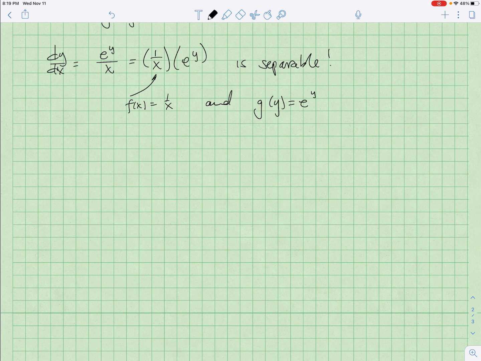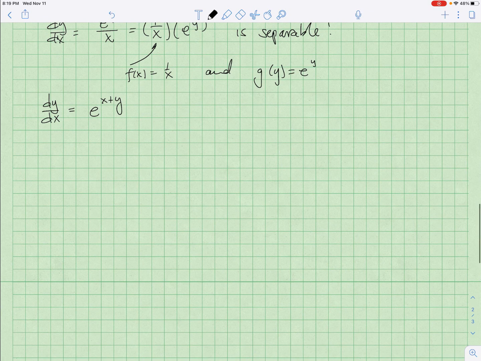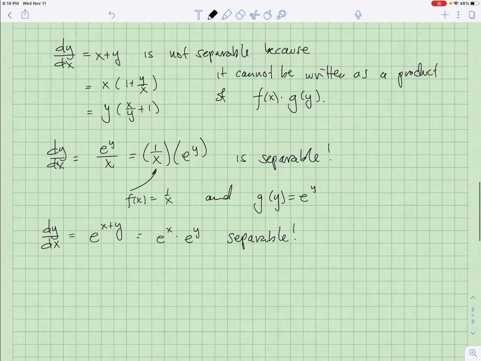And it could be difficult to separate or rewrite that way. You might look at something and say, well, that's not separable. But e to the x times e to the y, if we use exponential rules, is separable. Okay, so there's an example of something that's not separable and some things that are separable.